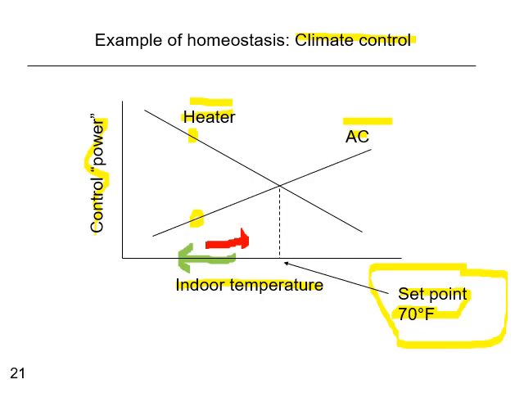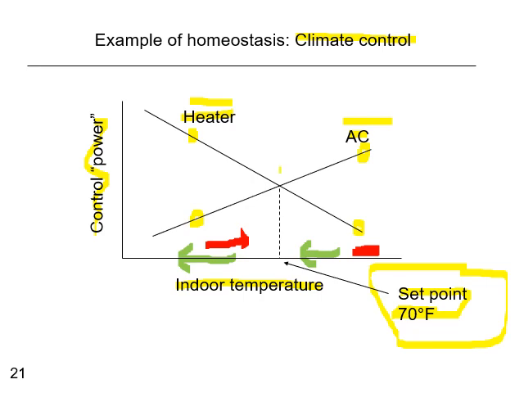If the temperature got much higher than the set point controlled by the thermostat, the power to the air conditioner would be high and the power to the heater would be low. High power to the air conditioner, low power to the heater would cause the temperature to decrease towards the set point.